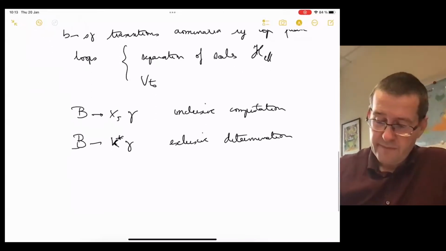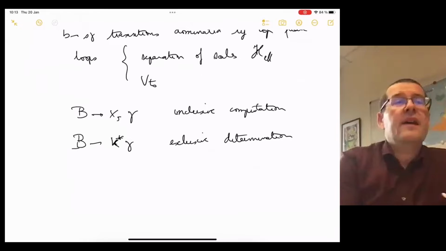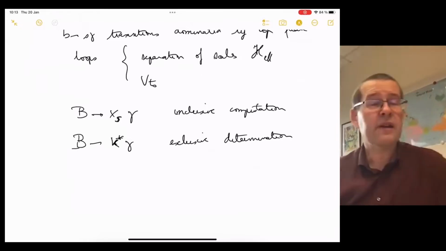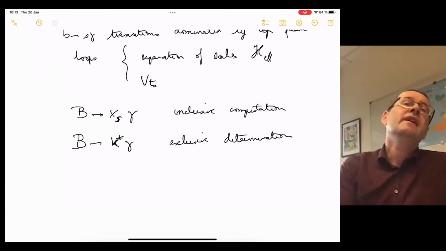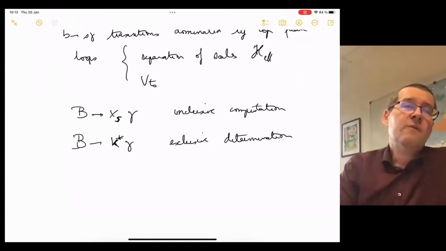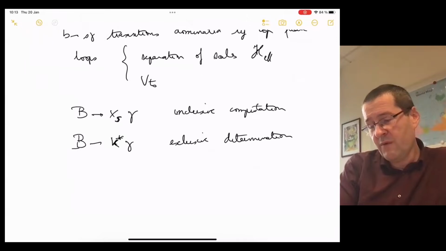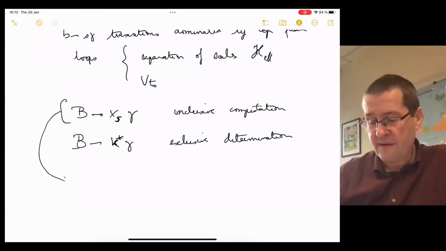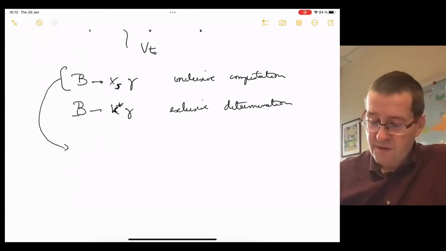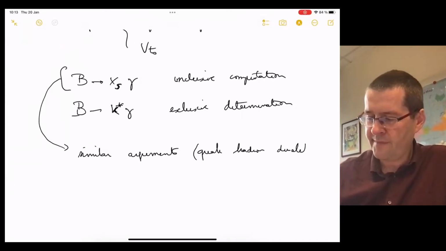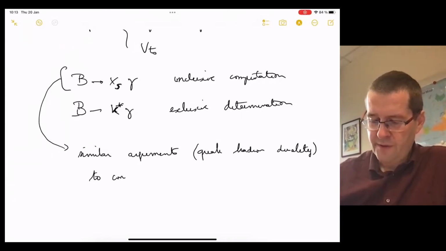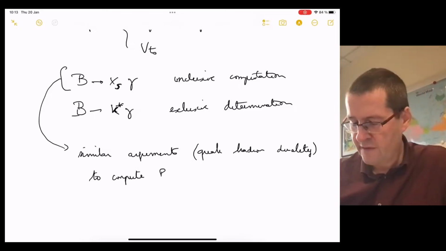Okay, so B to XS gamma: once again, B going into whatever you want, but with a strangeness and a photon. That's something I already discussed very briefly when we were discussing B to XC L nu. You use similar arguments related to quark hadron duality to compute the branching ratio.